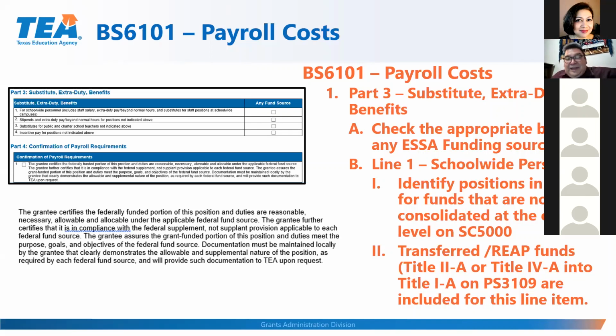It can be checked for any funding source, substitutes, and then incentive pay. And we get questions, what's the difference between stipends and incentive pay? That's locally defined. In the past, where we had specific line items that you had to add in descriptions, we had both.